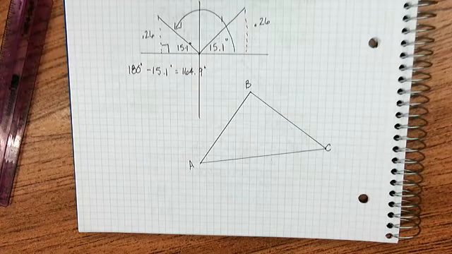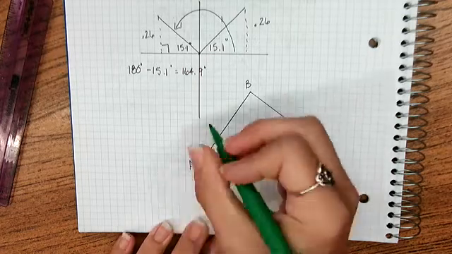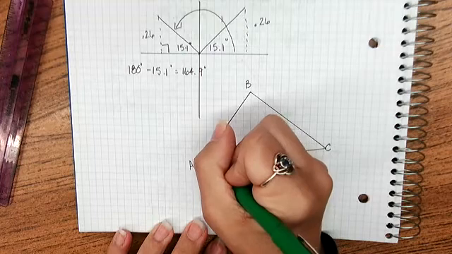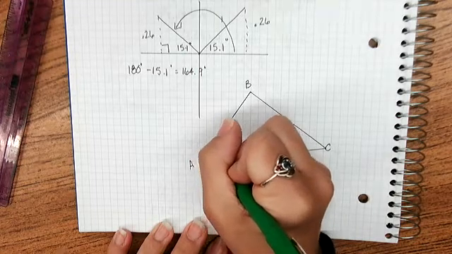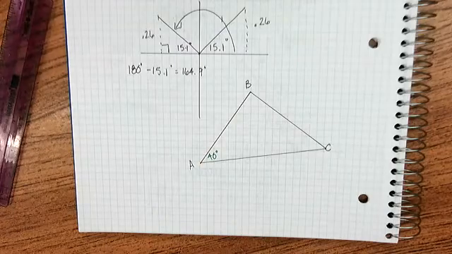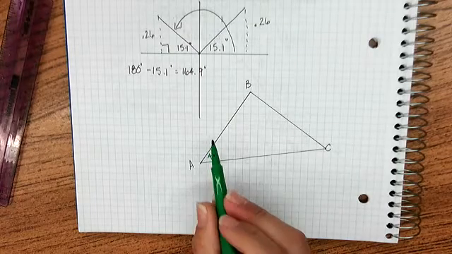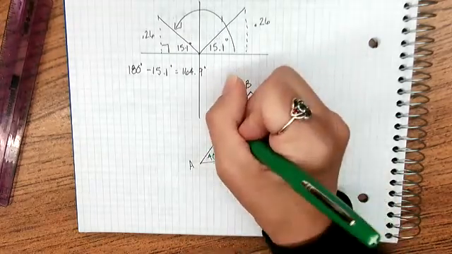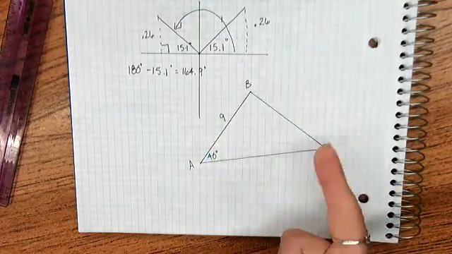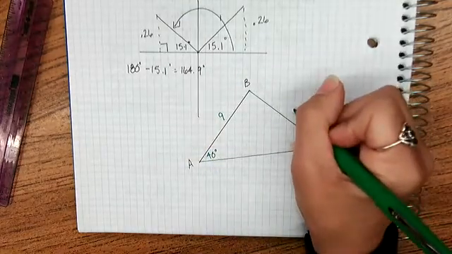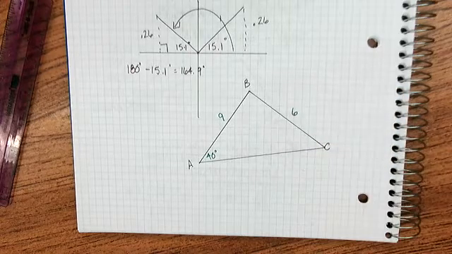Okay. So I'm going to give you an angle. How about 40 degrees. Then a side, how about 9? Side, how about we'll use 6 again.